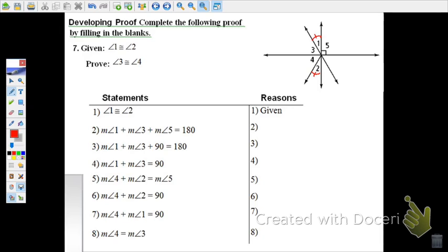Because angle 5 is 90 degrees. That doesn't mean all three of them equal 180. You just looked at this in a previous proof. What am I doing when I'm adding those three angles together? It's our angle addition postulate. Those three angles are forming a straight angle, which is 180 degrees.